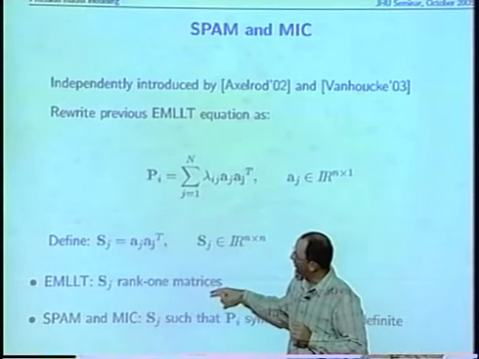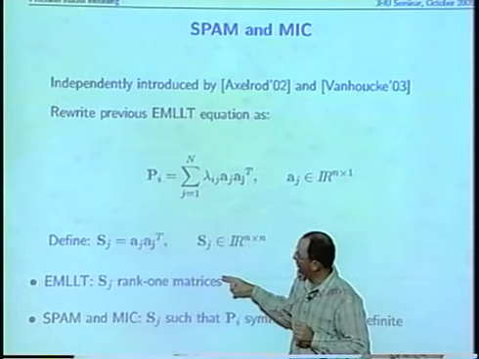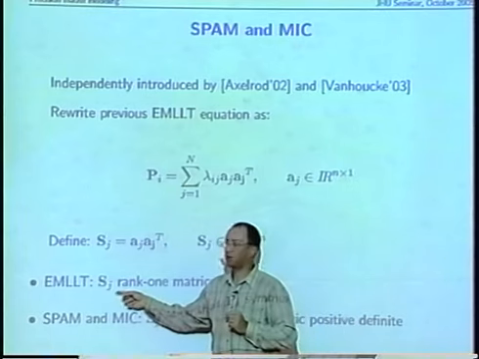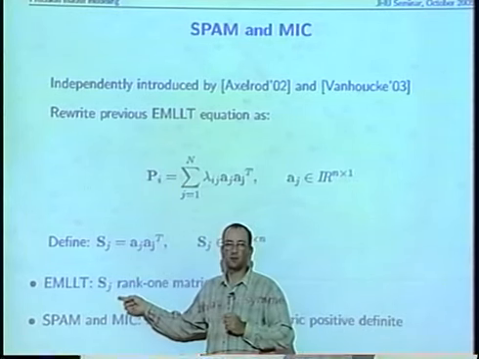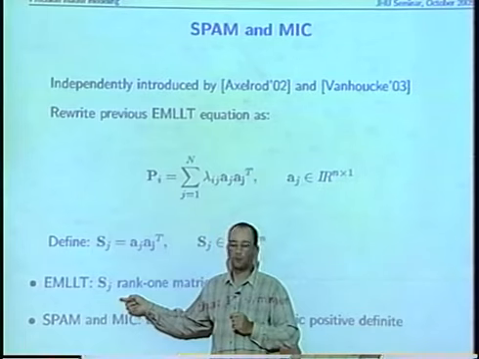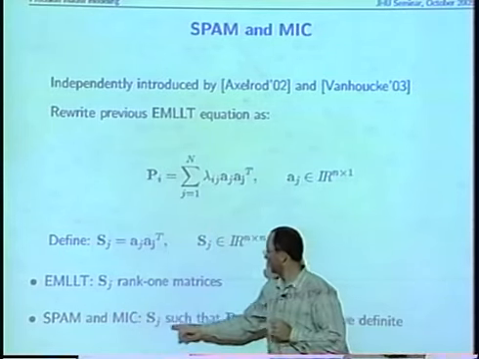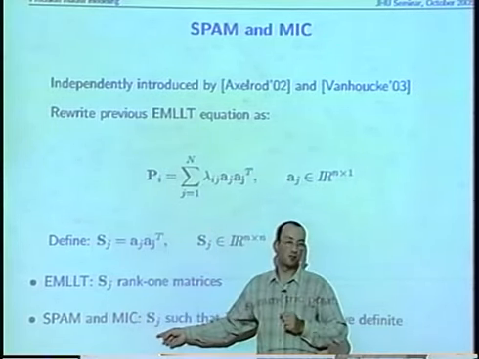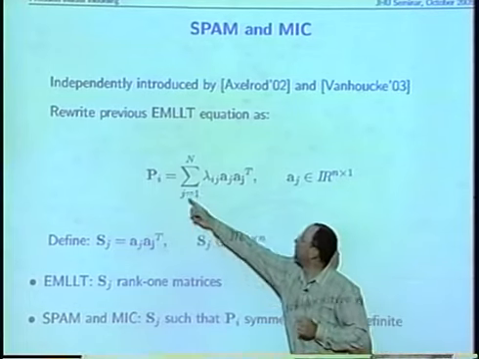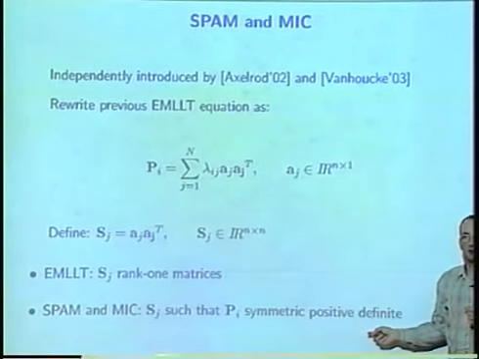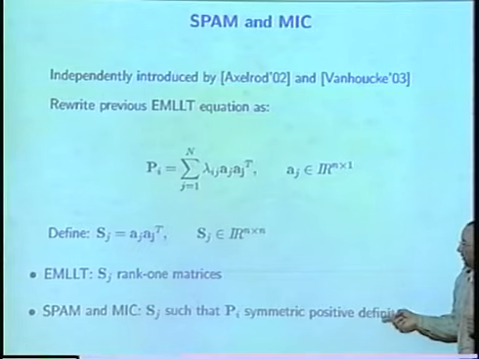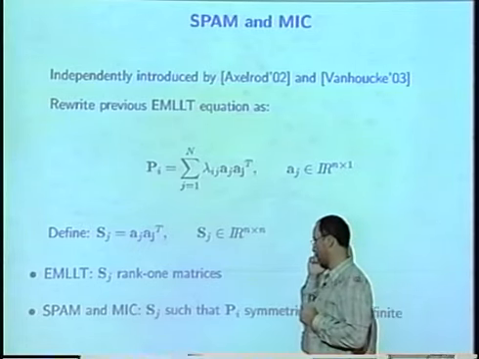Now what SPAM and MIC do, they say, let's remove the constraint that Sj be a rank 1 matrix. Let's have the Sj be a general matrix. So it simply says that let's choose Sj such that the result, the Pi that we're interested in, are symmetric positive definite matrices. So that's the generalization that happens in SPAM and MIC.